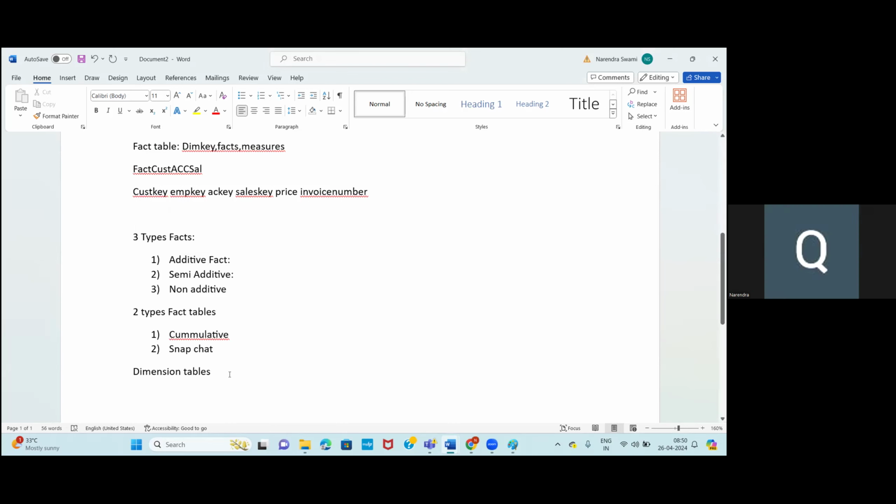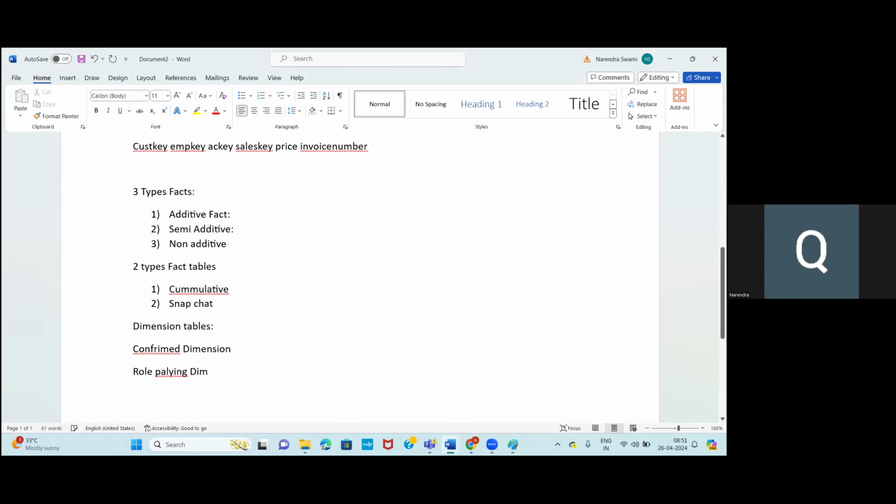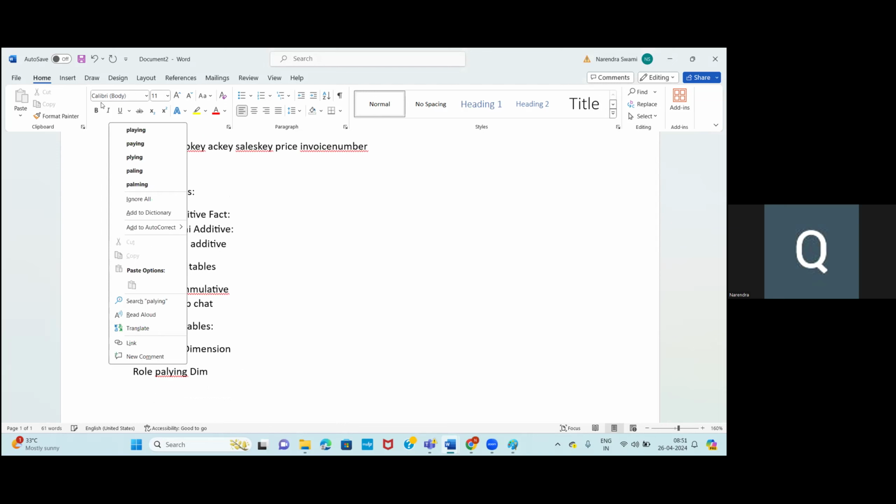So dimension tables. As I said, there are a lot of dimension table types. We are going to learn the useful and very important dimension tables. One is conformed dimension, and second one is role playing dimension, and also degenerated dimension.